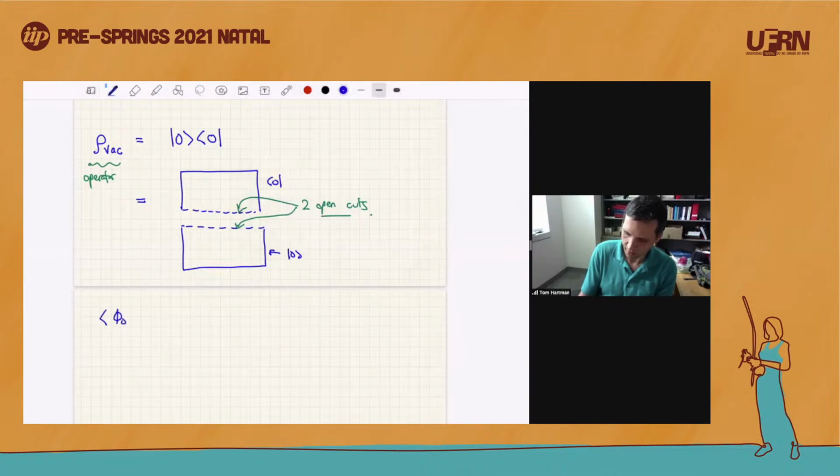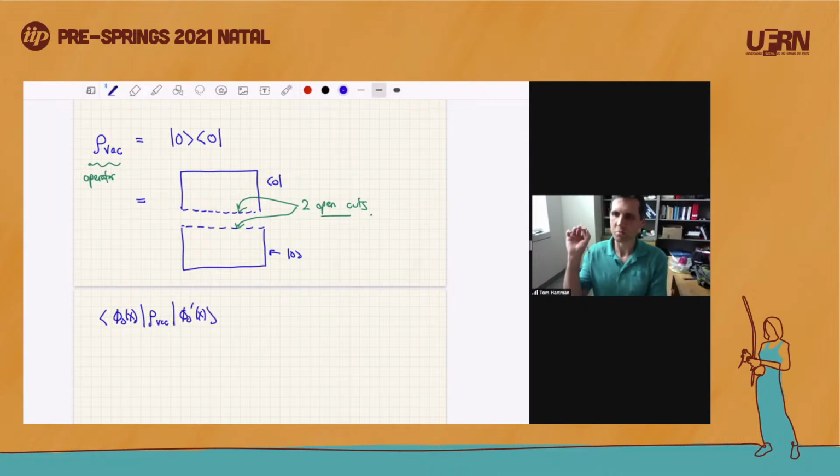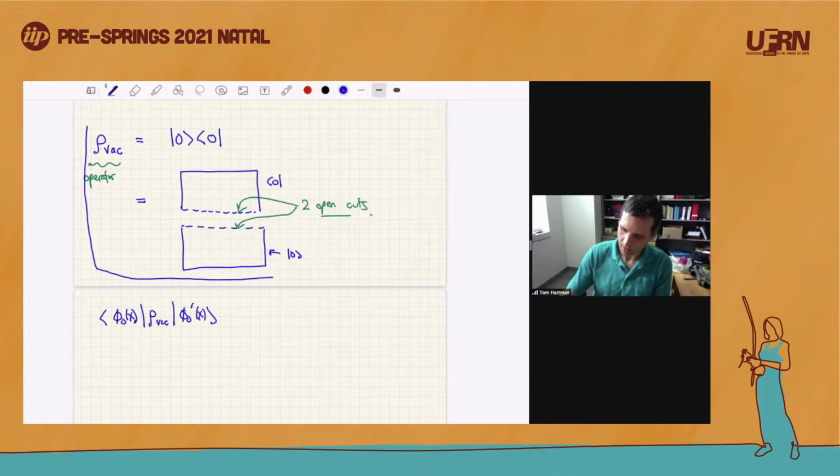So like <phi naught of x| rho vac |phi naught prime of x> would be the path integral where you now supply the boundary condition phi naught and phi naught prime to those open cuts. But I prefer not to put in the field data, and just to think of this as the path integral that defines an operator. Is that picture clear? Does anyone want to pause me and ask a question about this picture?